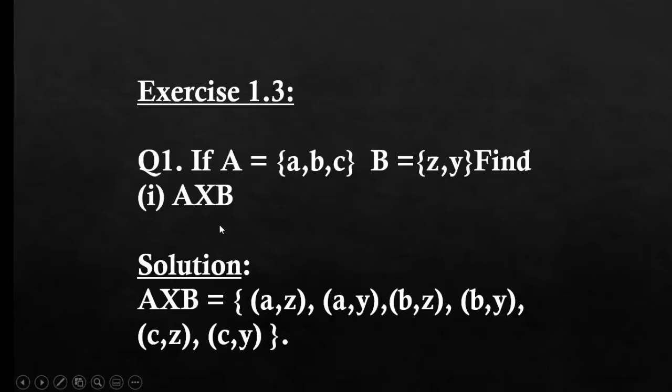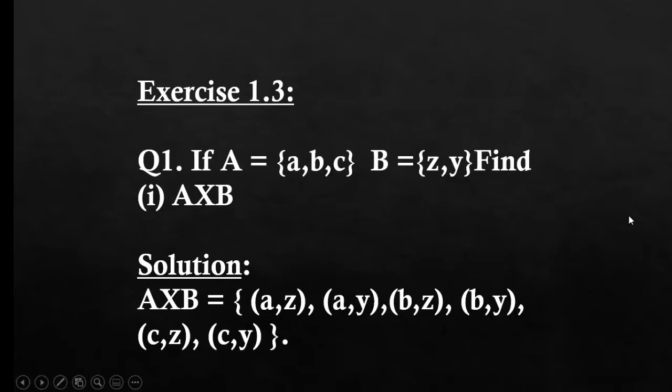There are 3 elements in set A and 2 elements in set B, so altogether they made 6 ordered pairs. These 6 ordered pairs lined up together in braces form a set, and this would be termed the Cartesian product of A and B, or A cross B.